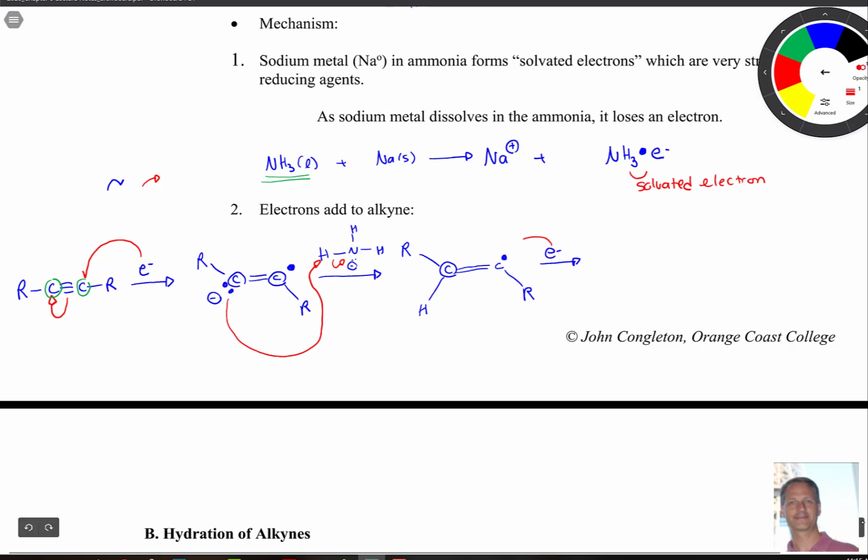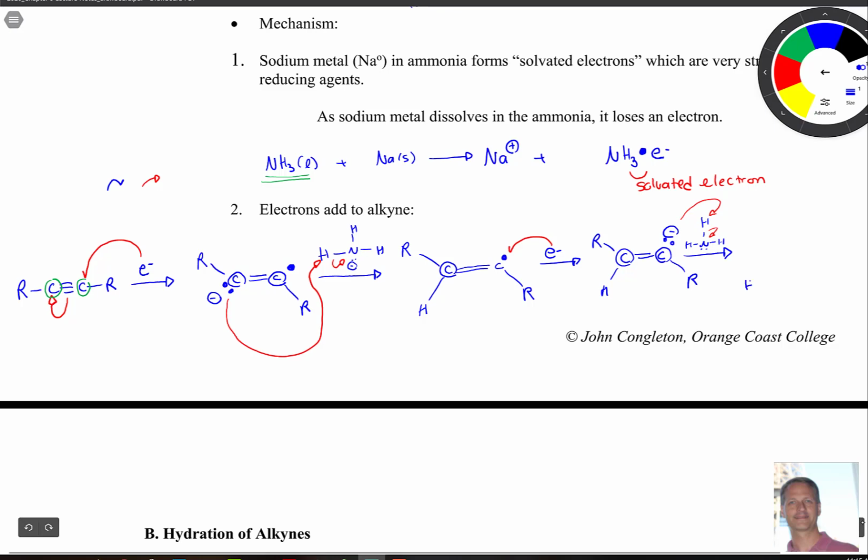So one more, and then we'll grab another H from ammonia. So you get NH2 minus, and an H will be added to this guy. So there's your negative charge. All right, so we're going to come around, grab an H.